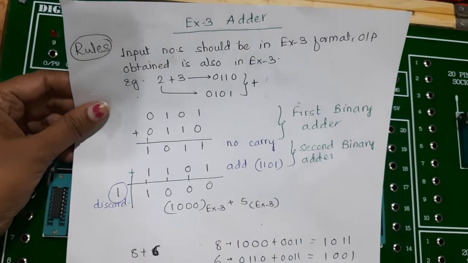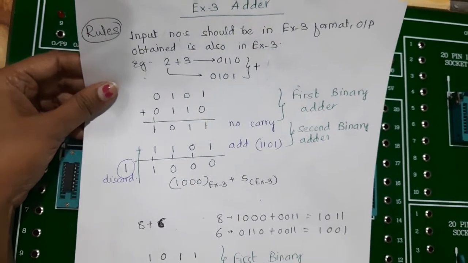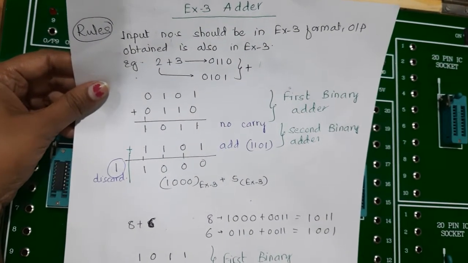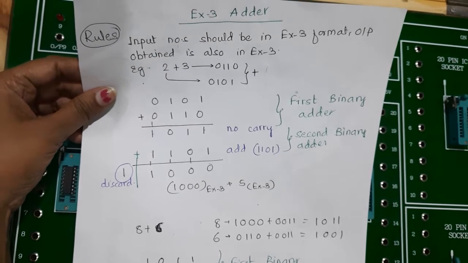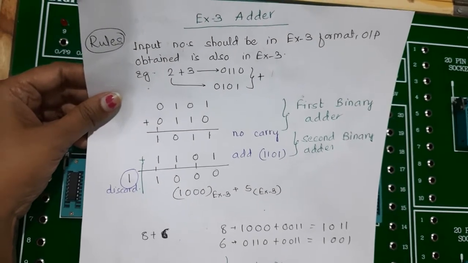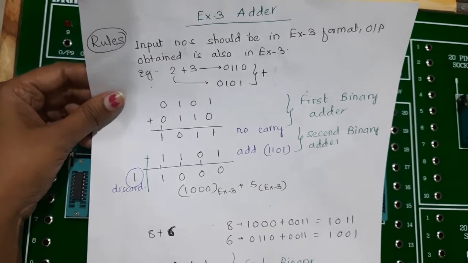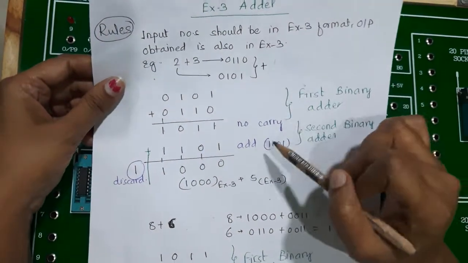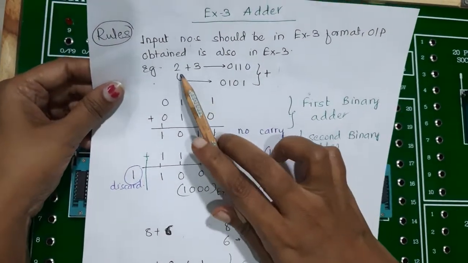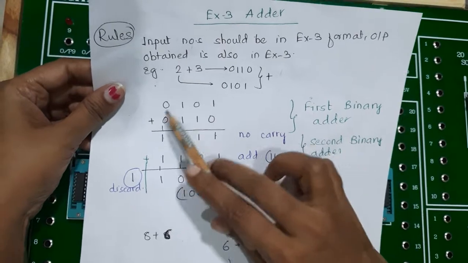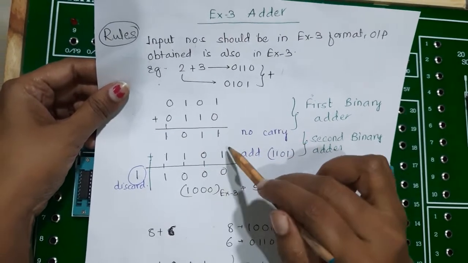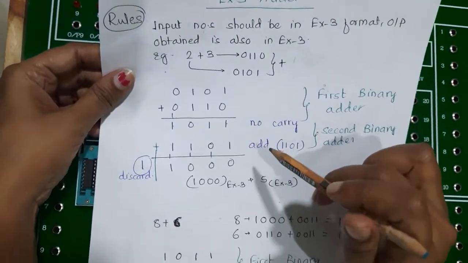Next we'll look at the rules of addition. We have already discussed all these things during our theory term, but I am repeating them here because that is the basis for XS3 addition. The rule is, once the two XS3 numbers are given to the adder, whatever the result is, we have to check for the carry.